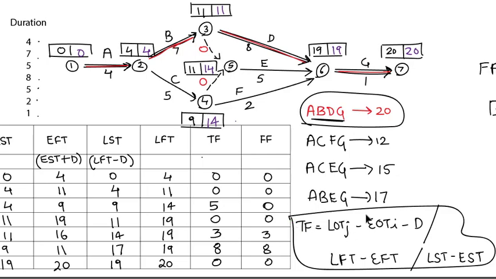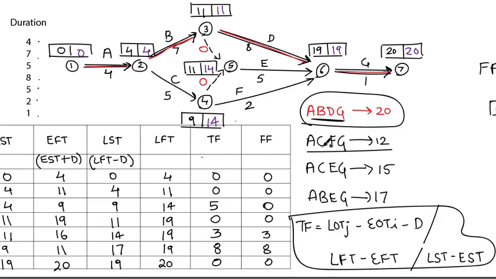Now let's consider the paths. For example, considering the path ACFG: 4, 5, 9, 9 plus 2 is 11, 11 plus 1 gives me 12.